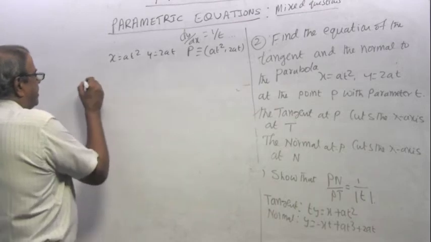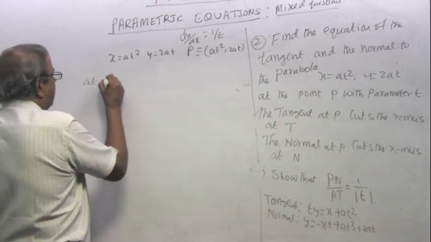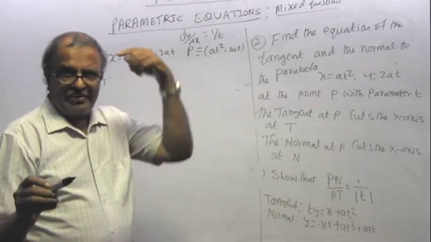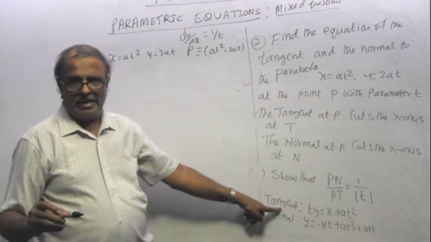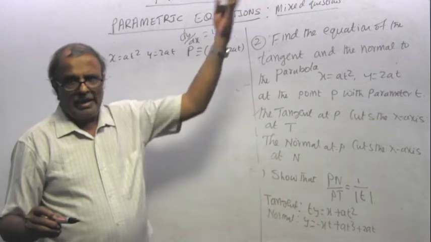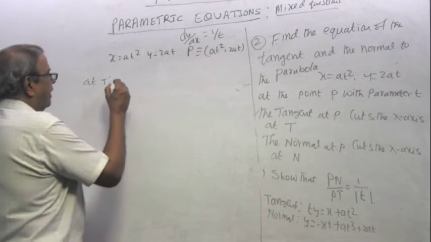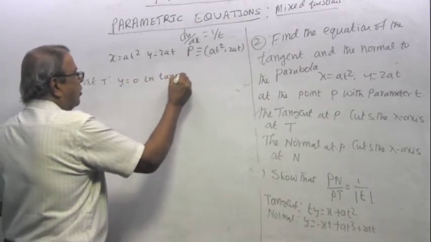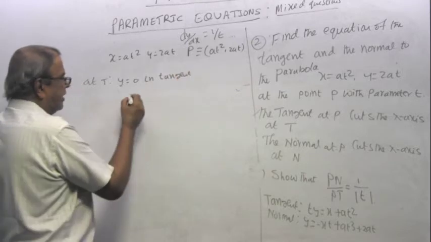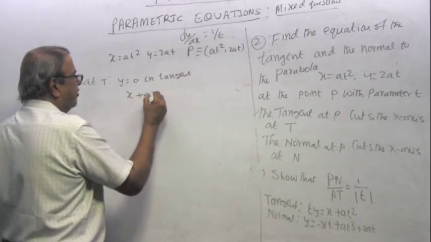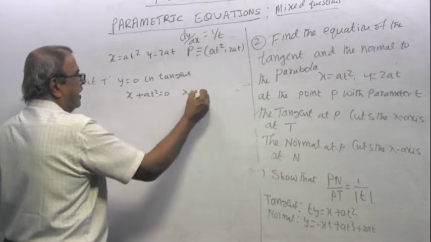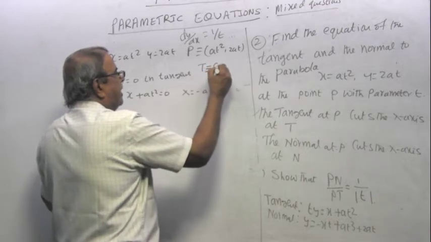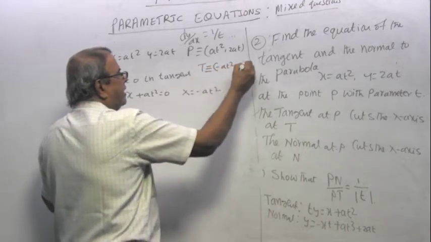So look, at T, the tangent at P cuts the x-axis at T. That means in this tangent, I put y equal to 0, I get the x-coordinate of T. What happens when you put y equal to 0 in tangent? x plus at squared equal to 0. So x is minus at squared. So the point T is (minus at squared, 0).